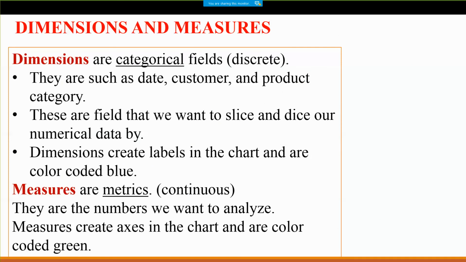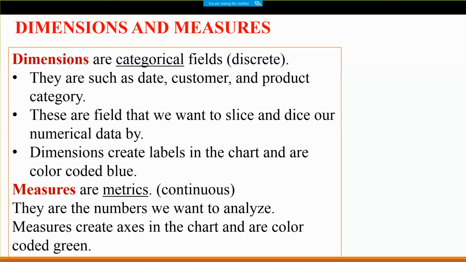For the last two slides, I want to be sure you distinguish between two groups called dimensions and measures, and you'll see them right away when we pull the data into Tableau. Dimensions are also called category or categorical fields. They are discrete values, such as customer name, product names, type, and dates.